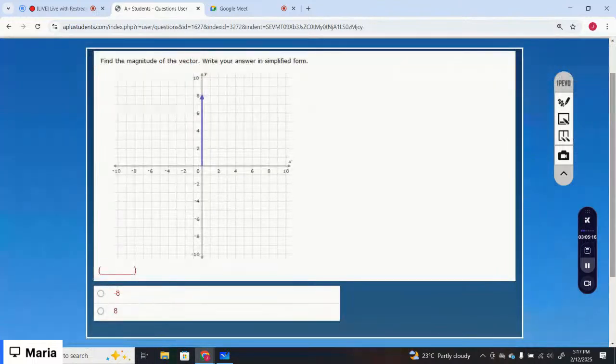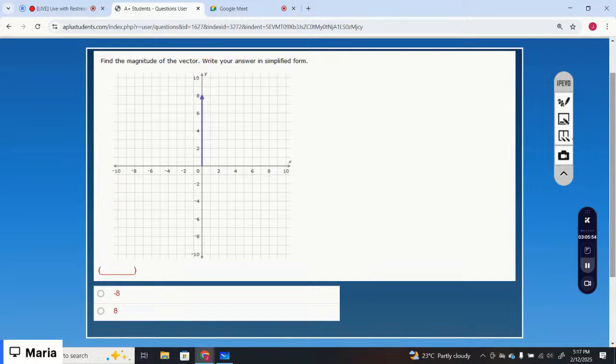So, which is the correct option? The correct option is 8.